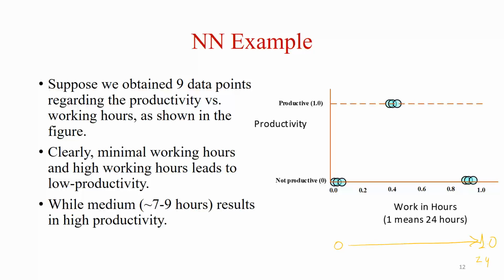Okay, and 0 hours. So we took 9 data points from people who worked different periods of time, and we measured their productivity. I don't know how we measured it, but we assume we measured it somehow. Okay, and we found out that people who spend very few hours, their productivity is low, and then if they work up to 8 hours, their productivity is high.